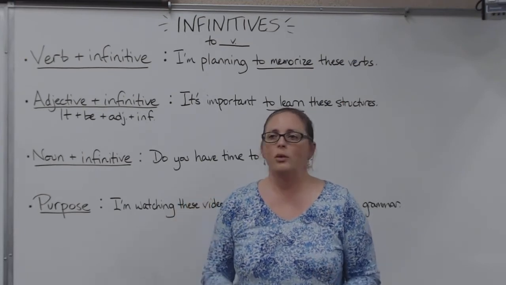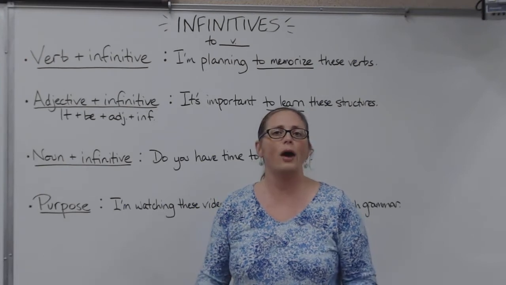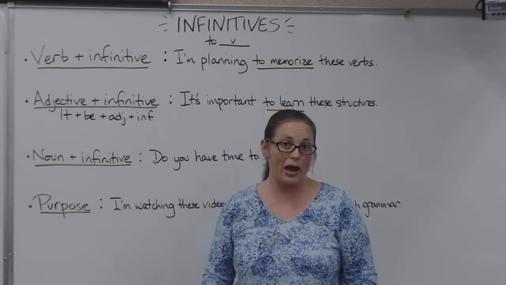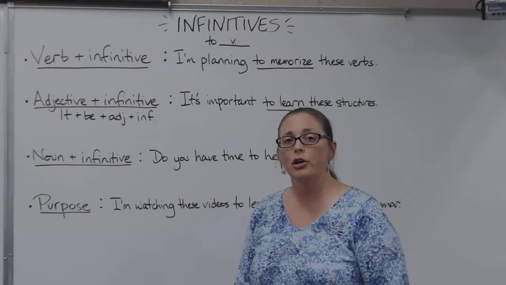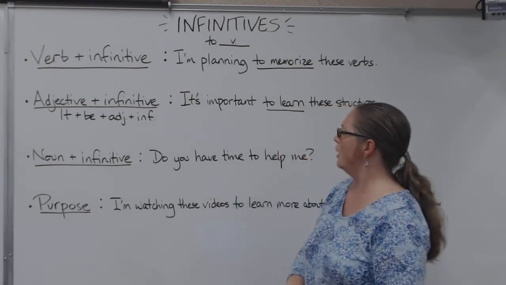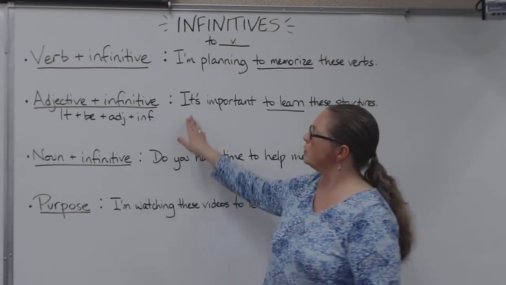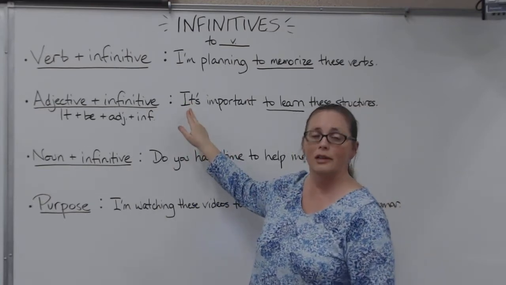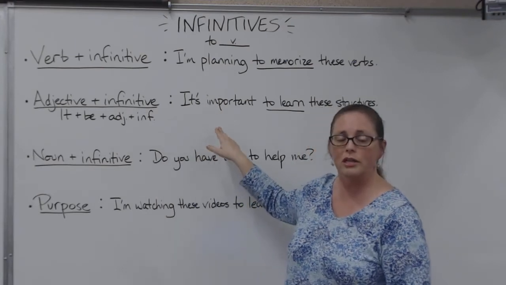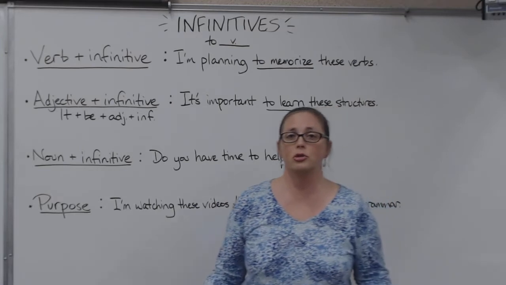When you're learning a language, you don't just learn the vocabulary, you also learn how to express the ideas, right? So you want to learn this, you don't say something like, important is learning this. You want to use this structure. It is important to learn, to memorize, to study.